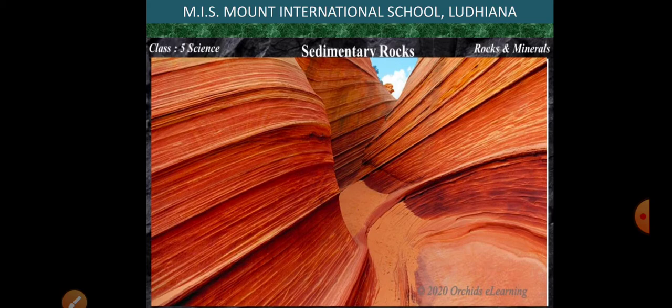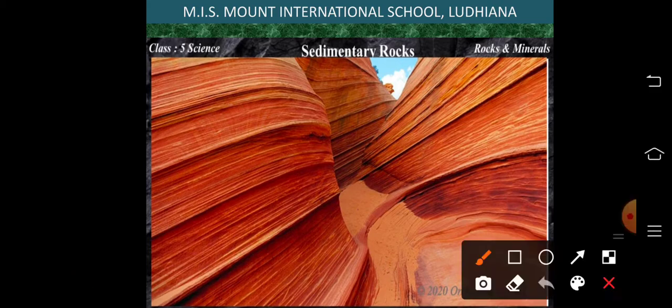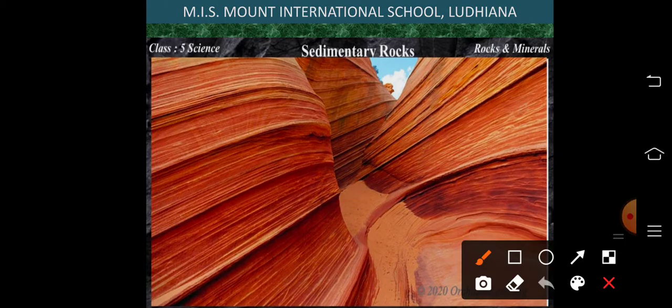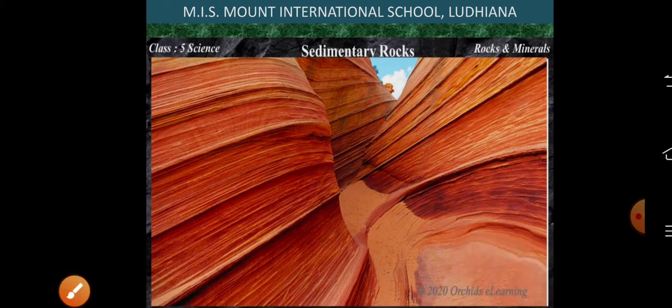These are always found in layers like this. See, you can see very clearly the layers which are there. See the layered one, right? So these all are sedimentary rocks, because one layer is formed over the other, as I had explained just now.